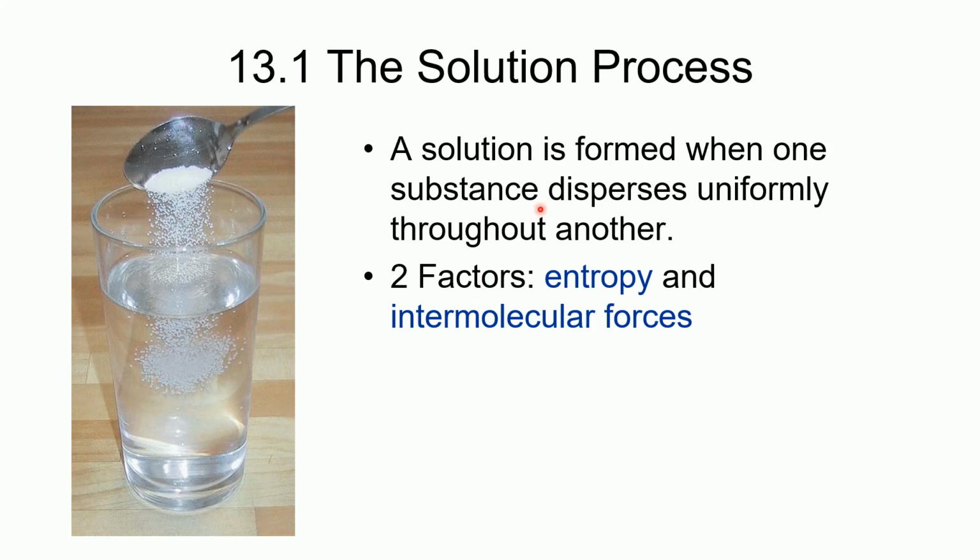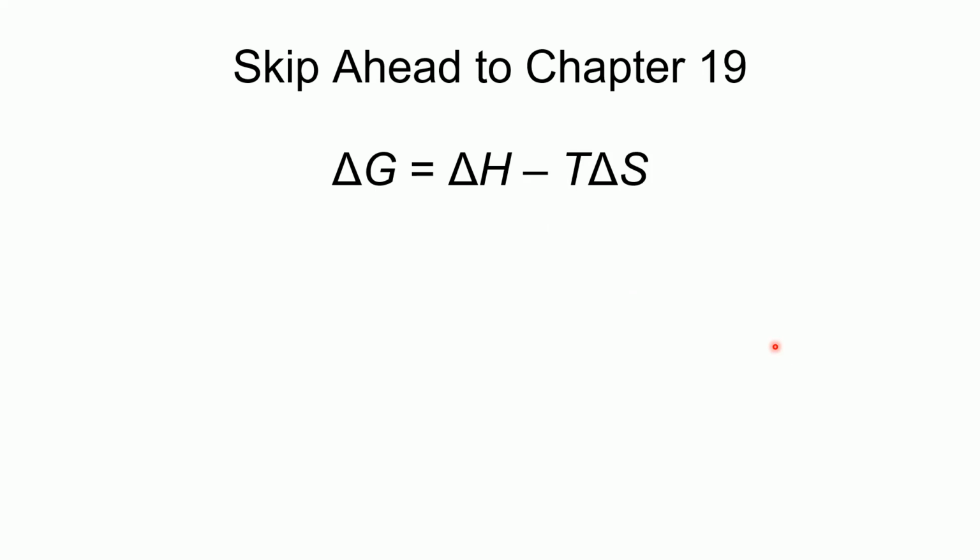And we'll find that there are two major factors that will help us to determine whether this process can occur. Those two factors are going to be entropy and intermolecular forces. We'll look at these in a lot more detail as we go through this.